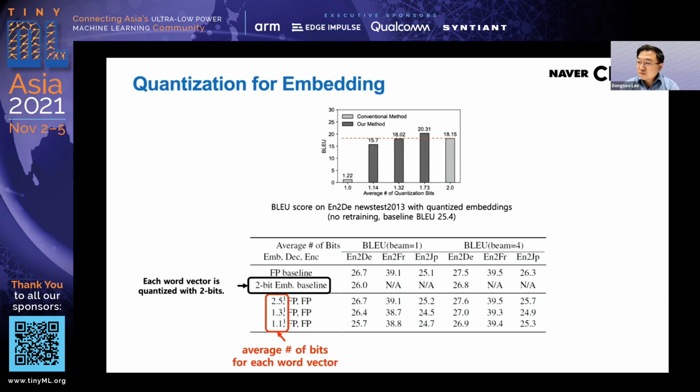Then we performed a slight amount of retraining for the table here. And it turns out even with 1.3-bit quantization, it leads to reasonably good model accuracy. Compared to the full precision baseline, embedding layers can be reduced by almost 25 times.